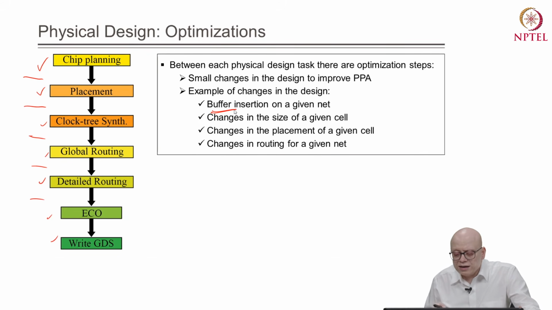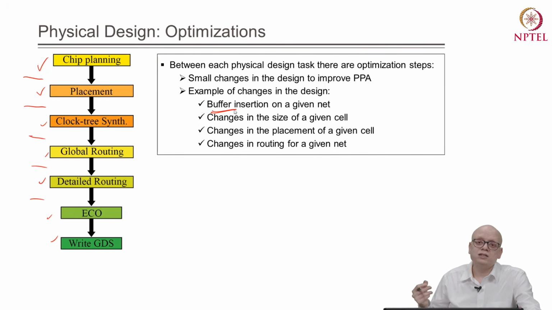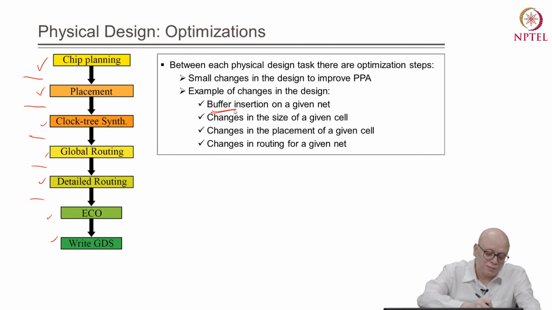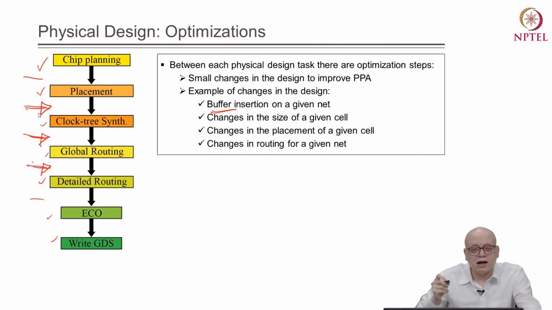And it can also make minor changes to the routing to improve some QoR measure, like fixing timing and other stuff. So these optimization steps can be introduced in between these major physical design tasks that we have shown here in this slide, right?